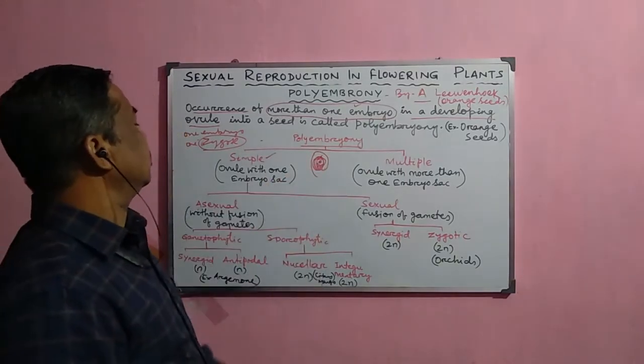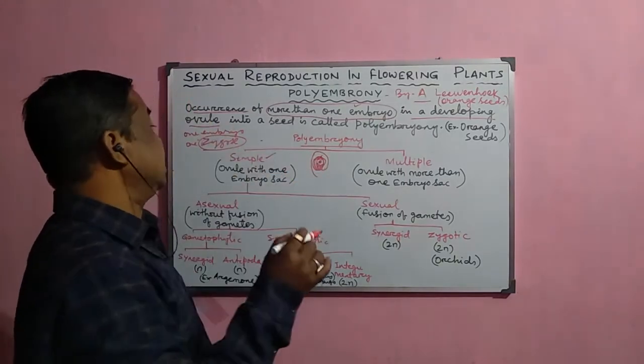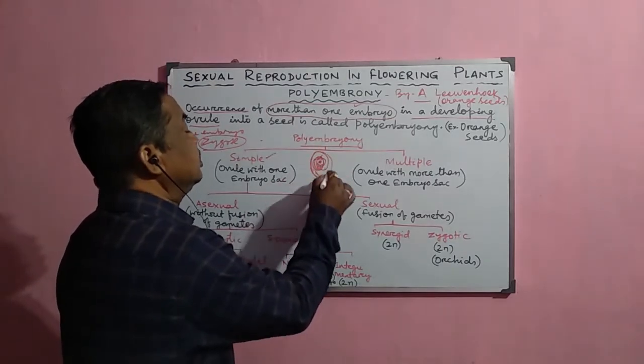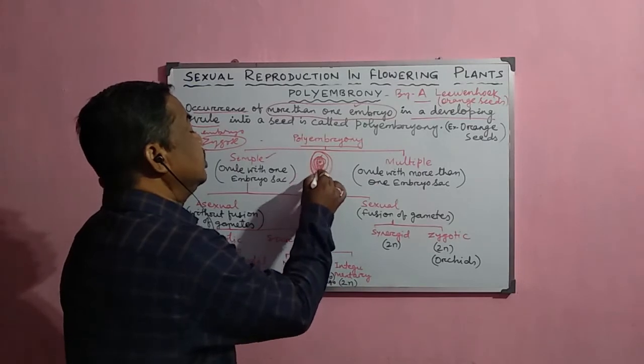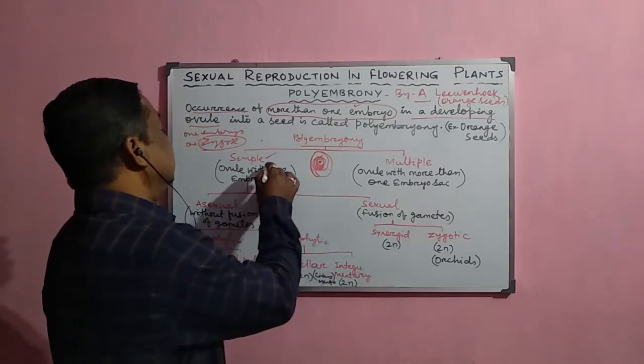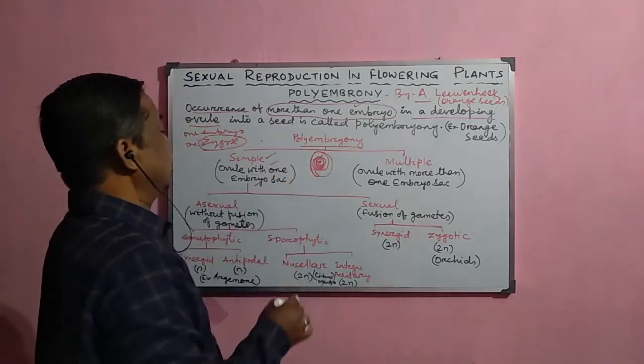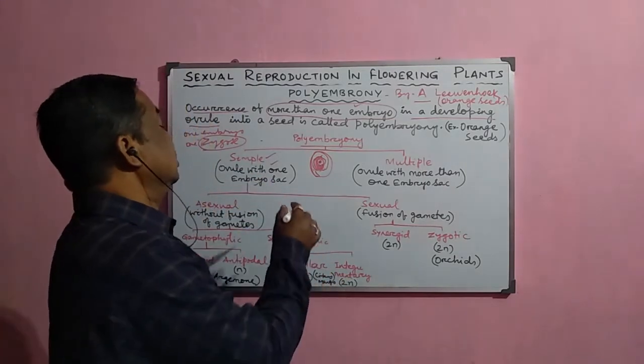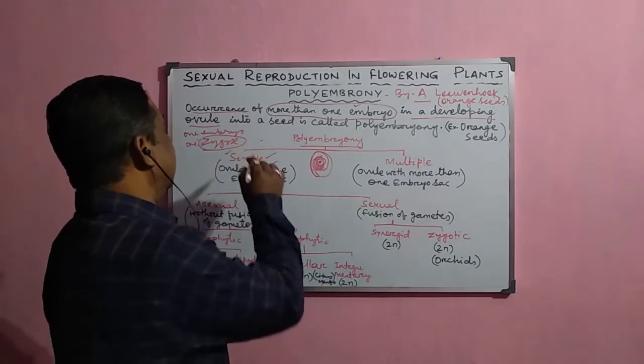So this is the normal structure of an ovule, and if inside this ovule only one embryo sac is there, and in this embryo sac more than one embryo is developing, then it is a simple type.